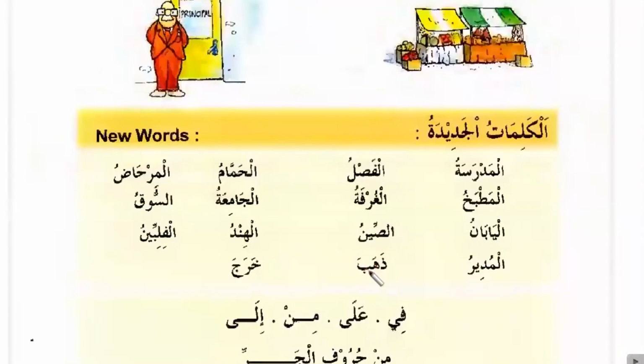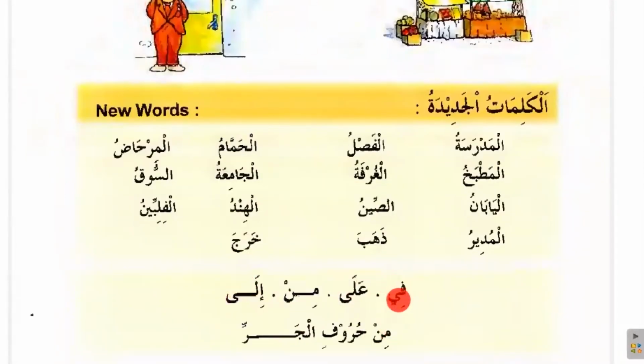Zahaba, he went. And then Kharaja, he left. So these are the two verbs we have learned in this lesson. They will have here huruf al-jar. Fi means in. Ala means on. Min means from. Ila means to. So these four, min, ila, fi and ala, are from huruf al-jar.